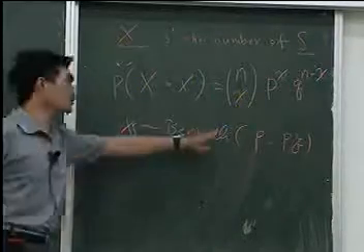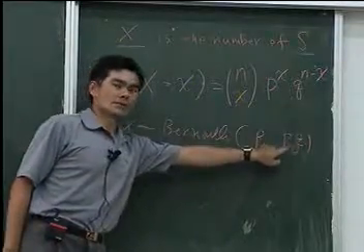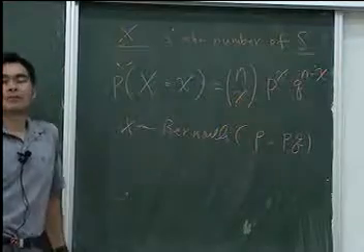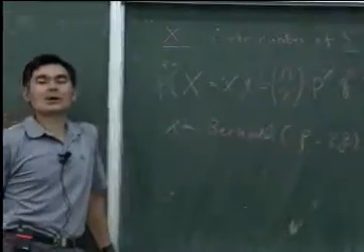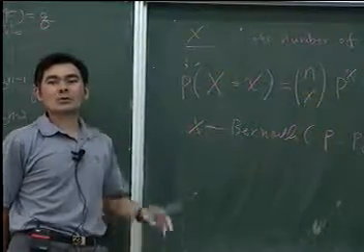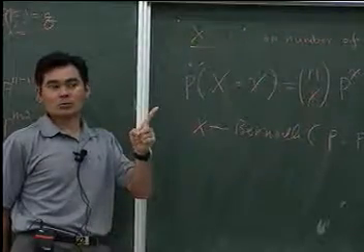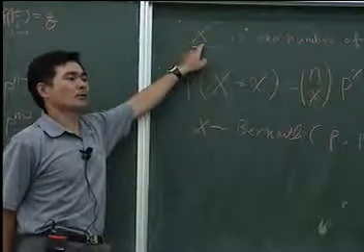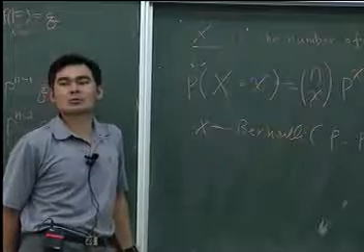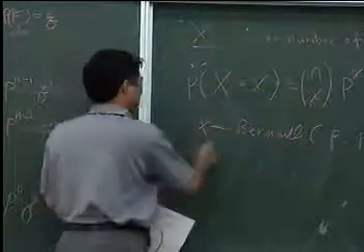This is the mean, this is the variance. And if it is a Bernoulli trial, how many times do we try? We only try one time. But for a binomial distribution, how many times do we try? We try n times.